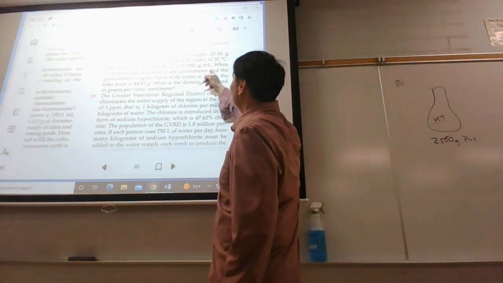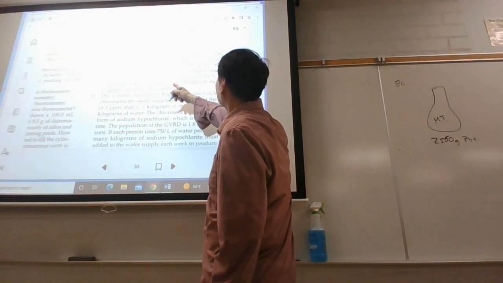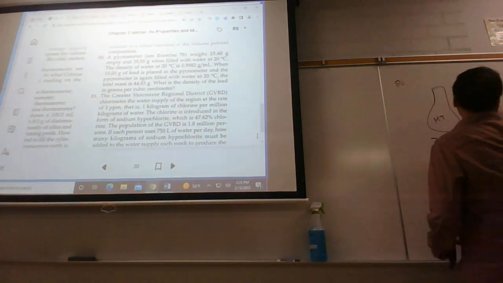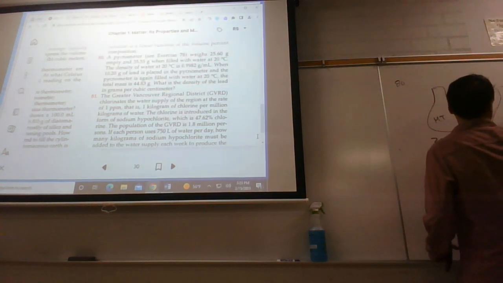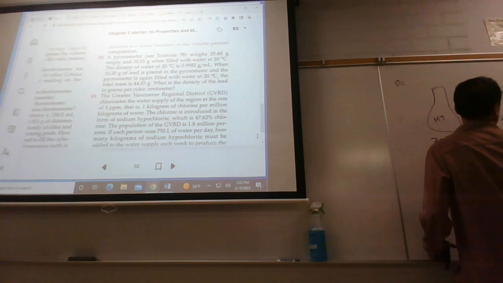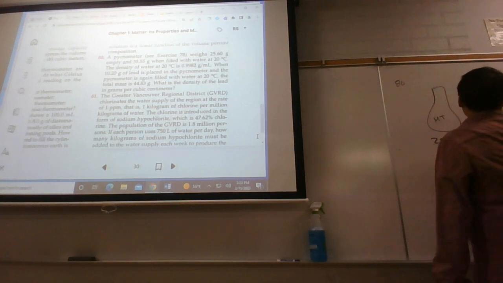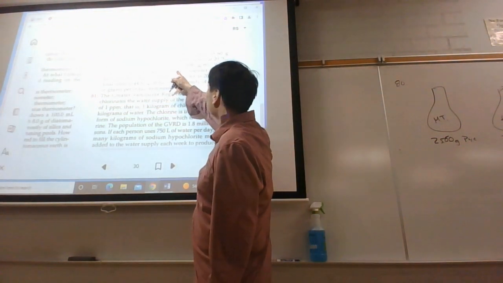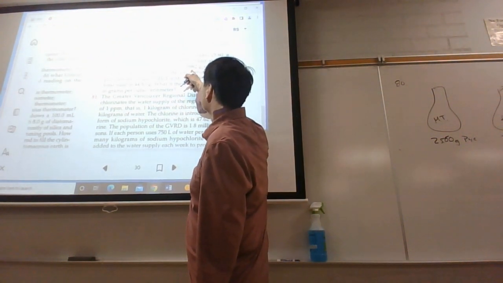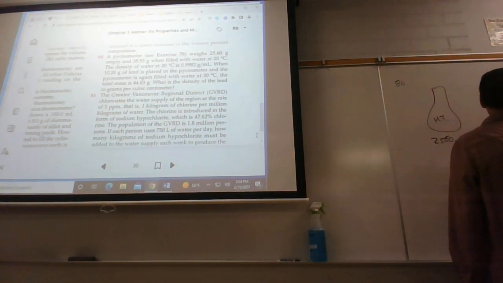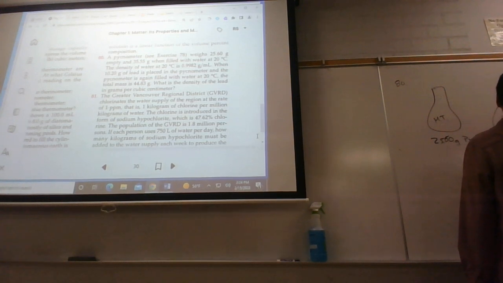When filled with water at 20 degrees C, it weighs 35.55 grams. The density of water at 20 degrees C is 0.9982, so that's 4 sig figs. So this is the pycnometer plus water.